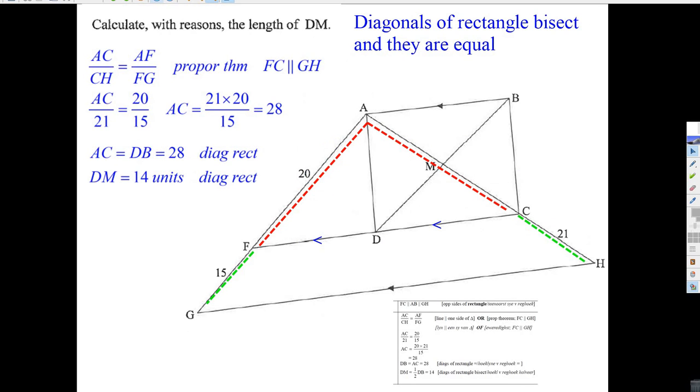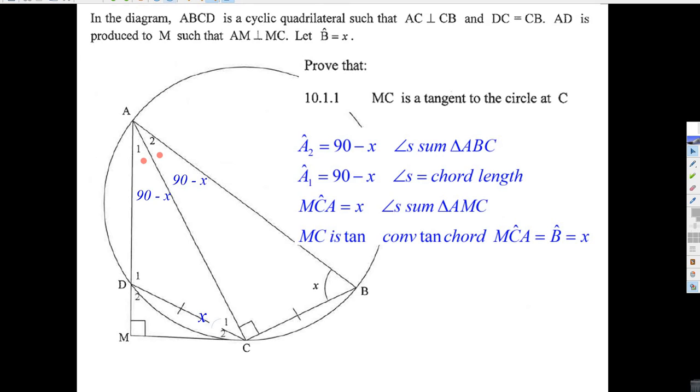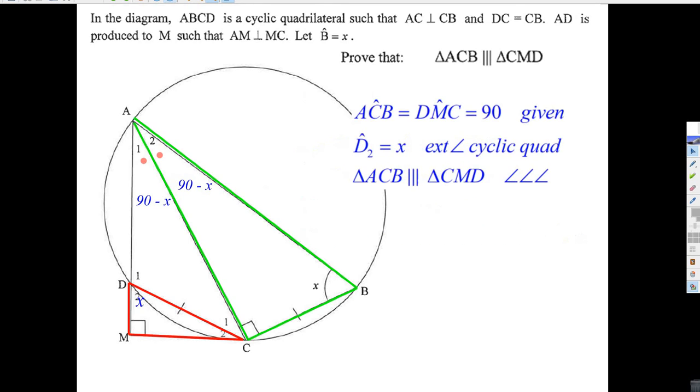But now they want us to figure out, they want us to find some similar triangles, and they want us to prove that triangle ACB, that triangle right there, is similar to triangle CMD.